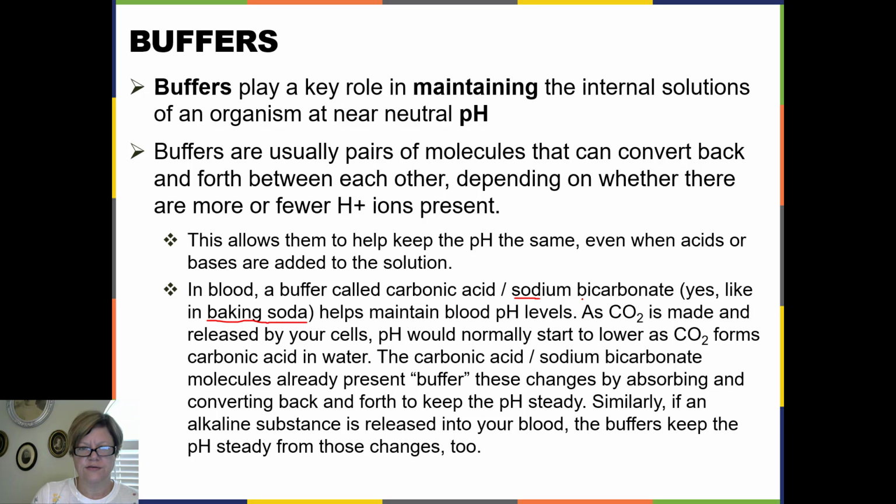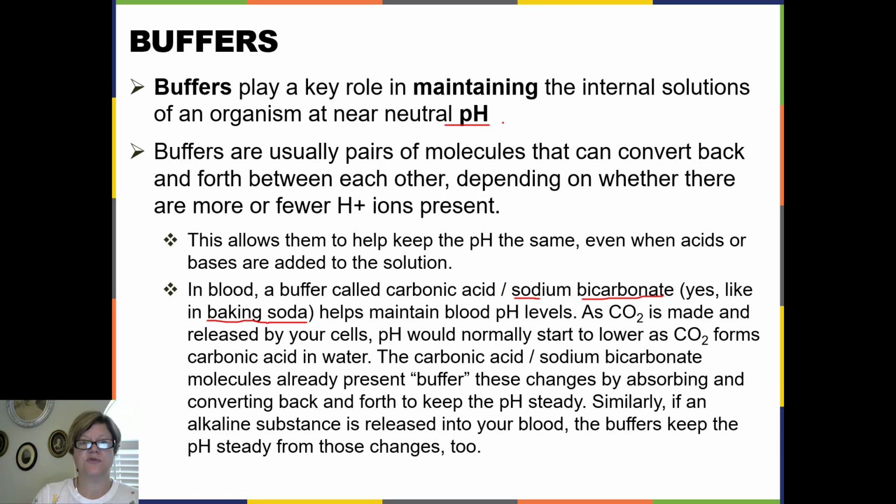Bicarbonate of soda is sodium bicarbonate. Your body makes it naturally from the carbon dioxide that you breathe out. But anyway, it's the most important buffer in your body. And it just prevents your body's pH from changing very much. So it maintains your body at a constant pH.